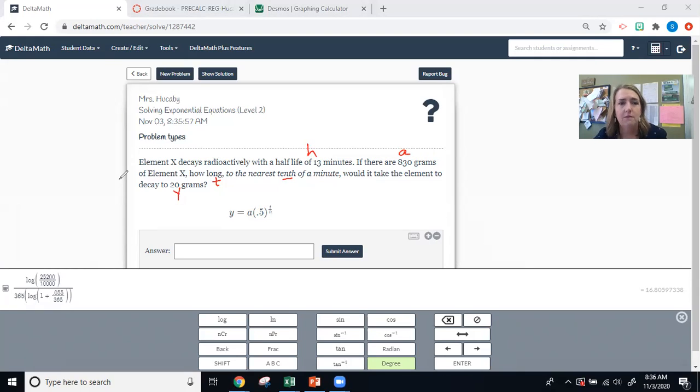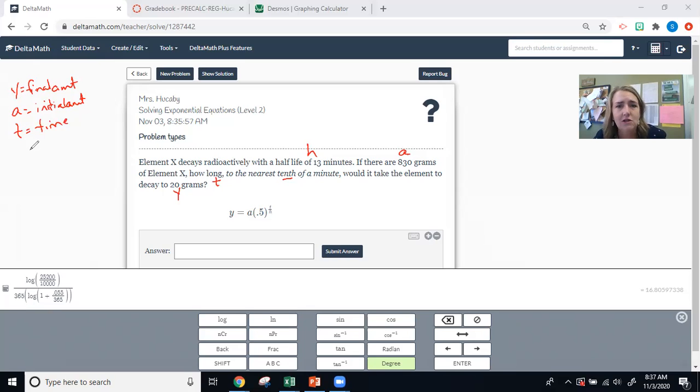So let's define what these are. Y is your final amount. A is your initial amount. Initial amount, that's what that means. T is time, and that's what we're going to be calculating.